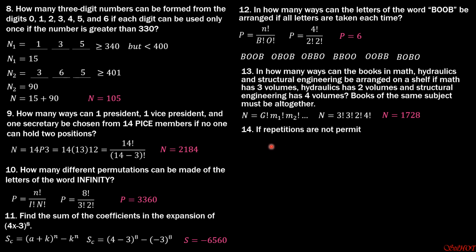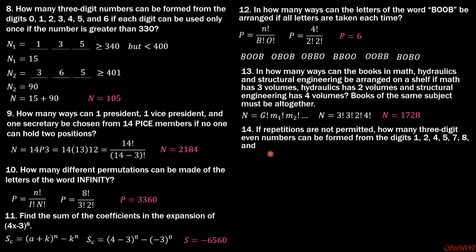Problem 14, if repetitions are not permitted, how many 3-digit even numbers can be formed from the digits 1, 2, 4, 5, 7, 8, and 9. There are 7 digits given here.